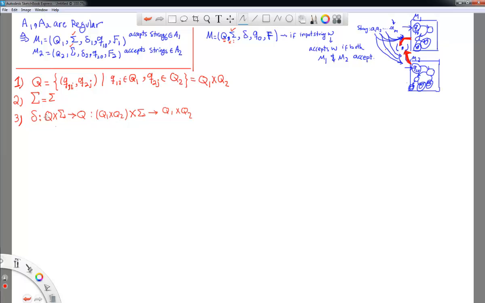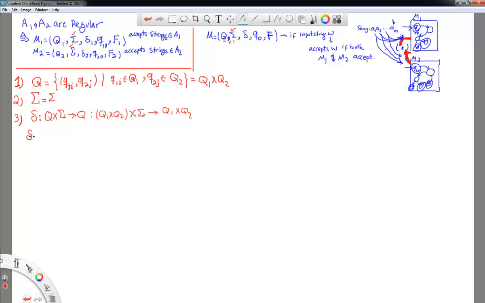What this means is that each delta takes as input a pair of states from automaton 1 and 2 and an alphabet symbol, and then returns a pair of states from automaton 1 and 2 respectively. How does this compute then?